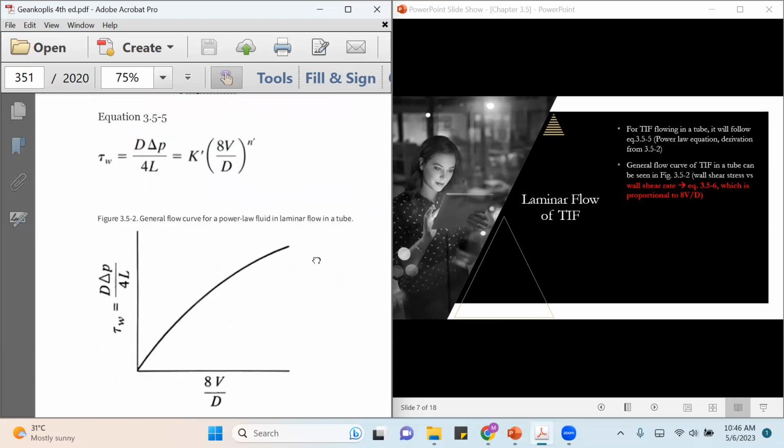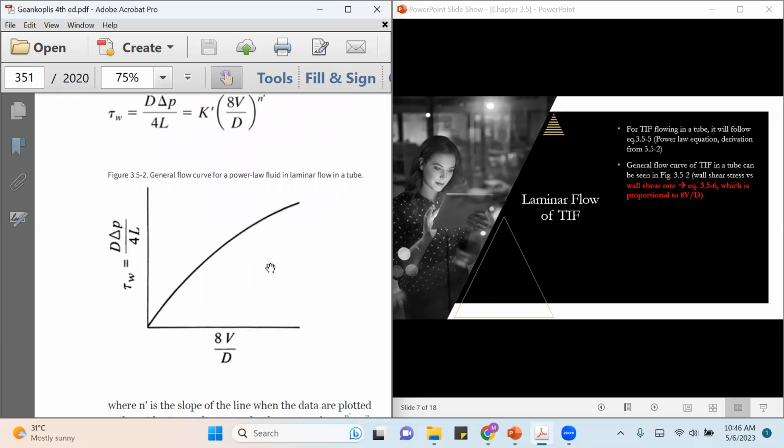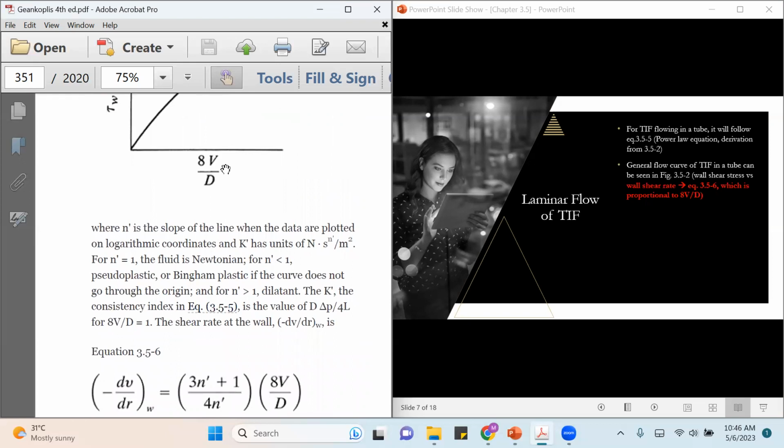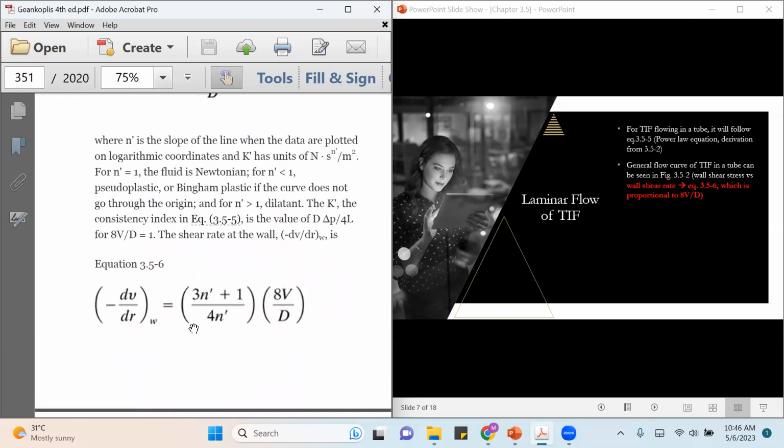Now, the general flow curve of TIF in a tube can be seen in this figure. This is the shear stress at the wall, and this one is the shear rate at the wall.